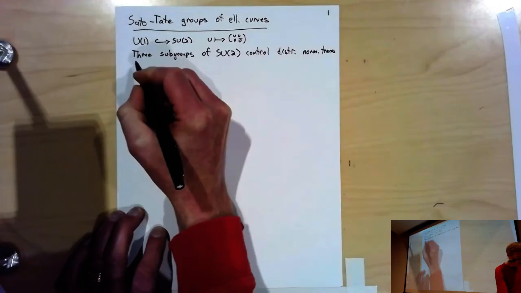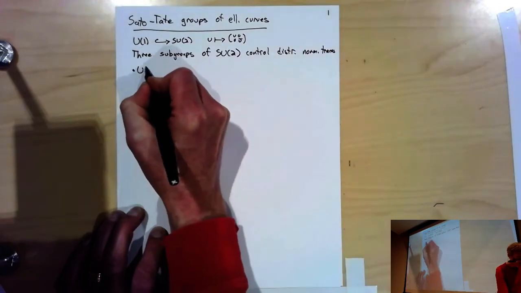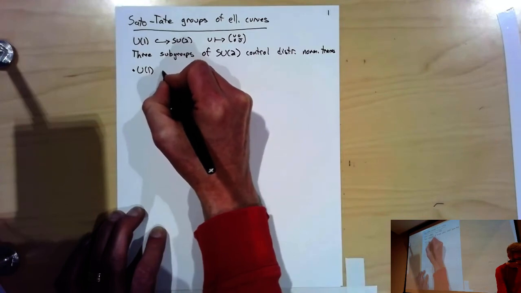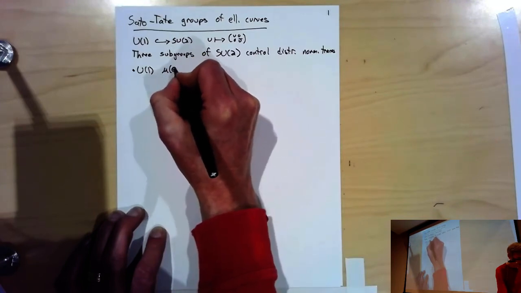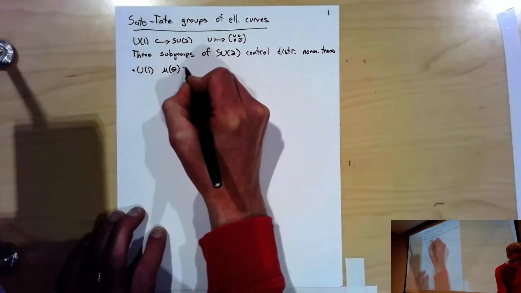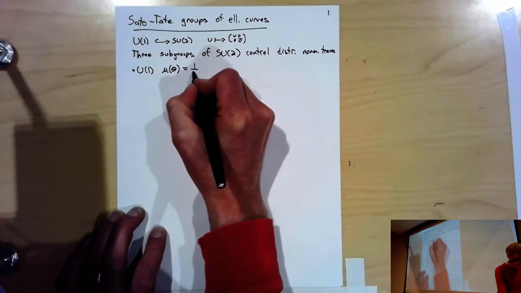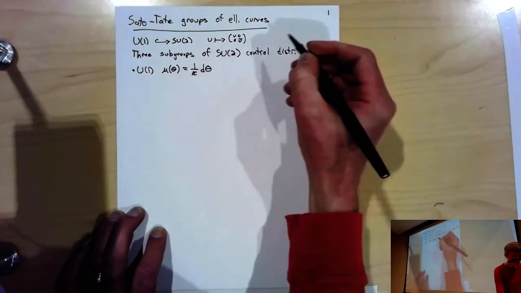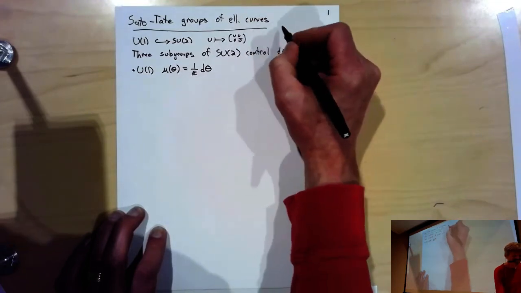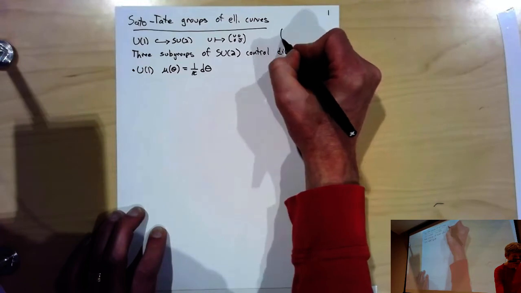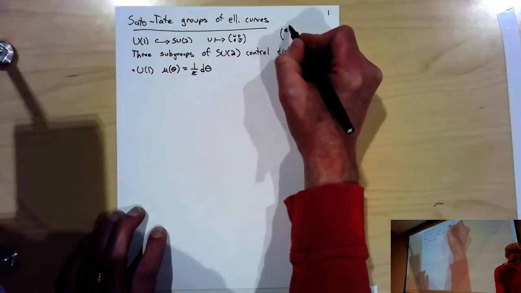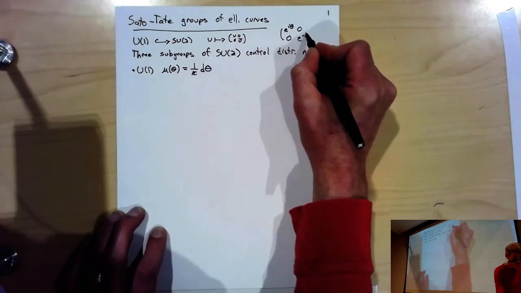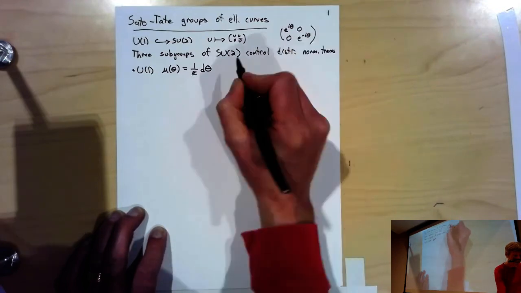So the 3 groups we found were, first, U1, and the Haar measure, at least the push forward of the Haar measure onto conjugacy classes, which we can write in terms of the eigenangle, was just 1 over pi d theta, uniform measure. Every element of SU2 is diagonalizable, so it's conjugate to a matrix that looks like this, with theta here.